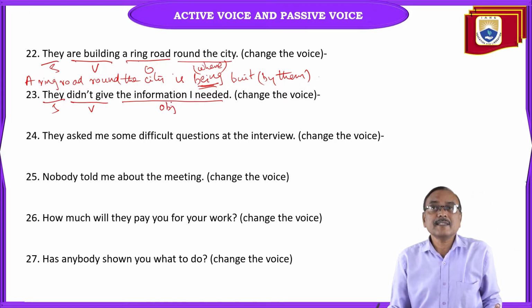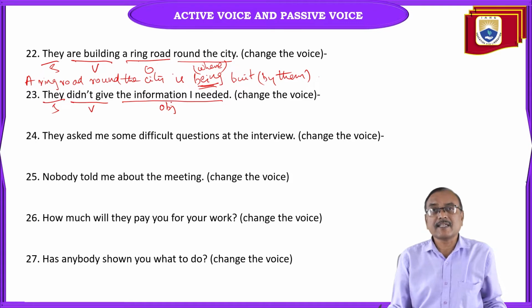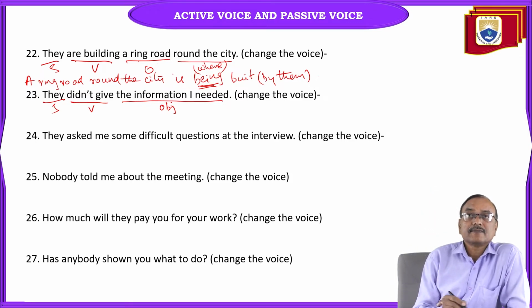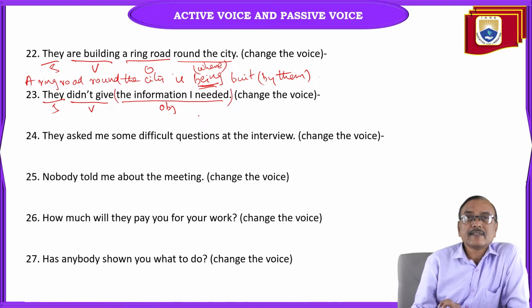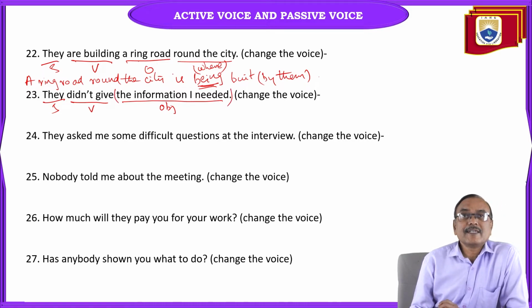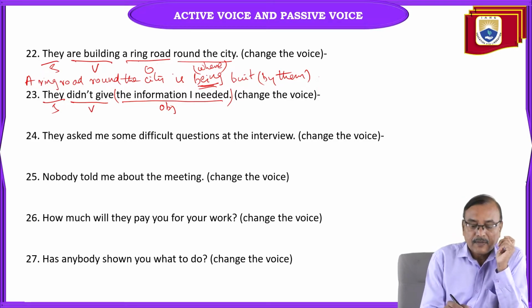The information that I needed, you can say like that, or the information I needed, which was needed by me. But you take this phrase as the object only. Which one didn't they give? The information I needed. Okay.